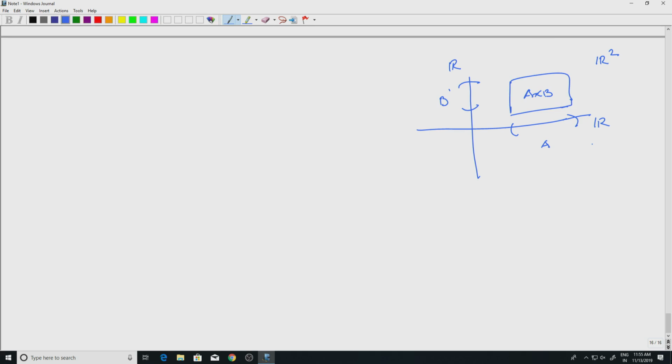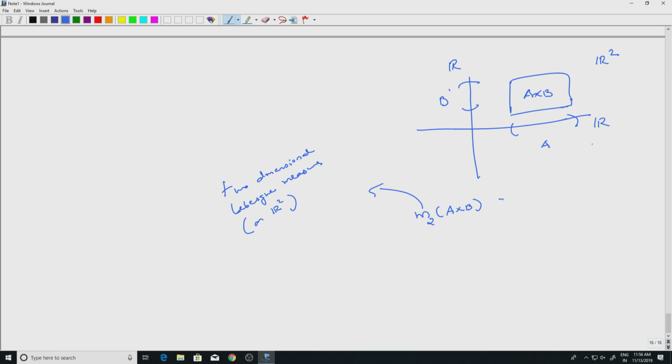What is the measure of A cross B? Let me put M2 of A cross B. What is M2? M2 is the two-dimensional Lebesgue measure, that is, the Lebesgue measure on R2. Because there are Lebesgue measures on R and R2, to distinguish between them I use M2.